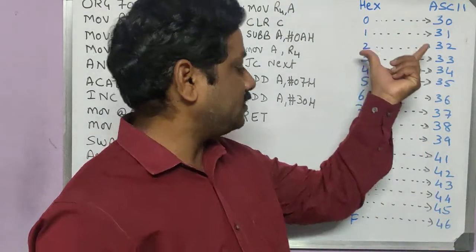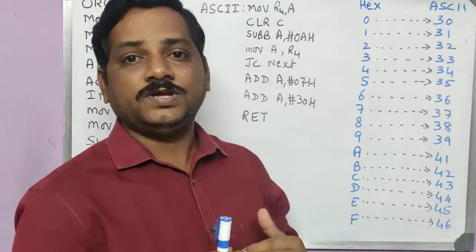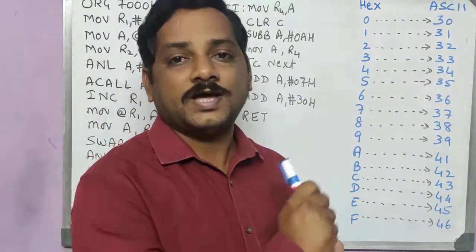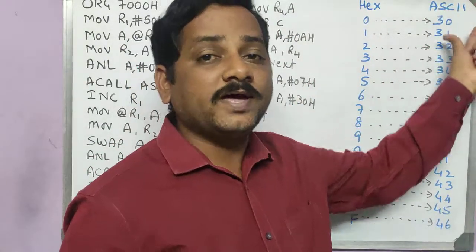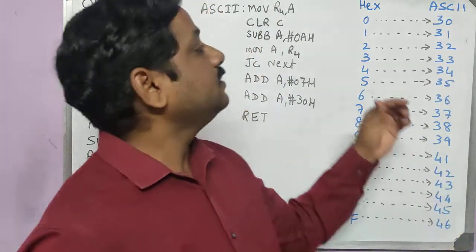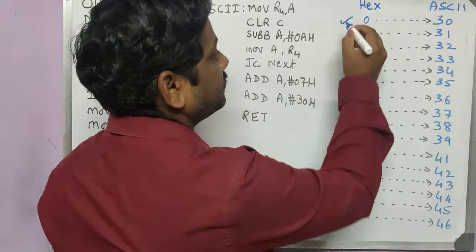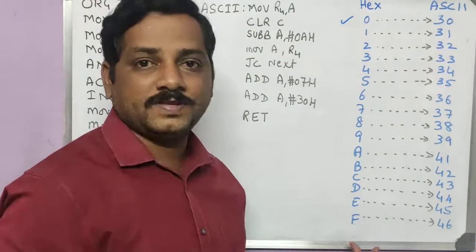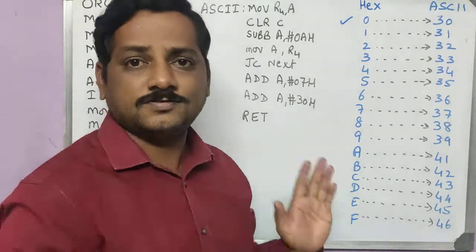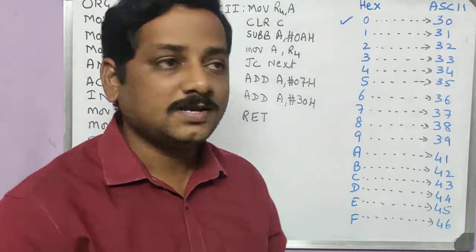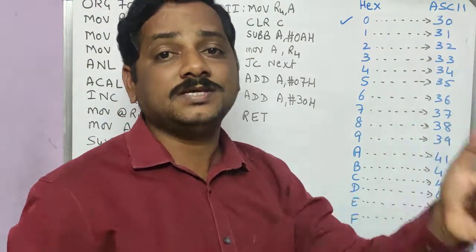Right. So here I have written a table. Look into this. We are writing a program to convert hexa to ASCII. I have written the hexa numbers and the respective ASCII numbers here. In hexa, we deal with the numbers from 0 to F, as we know 0 to 9 and then A to F. Now if I give this input, what has to be its ASCII conversion?